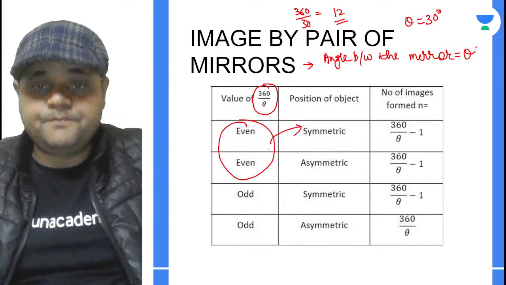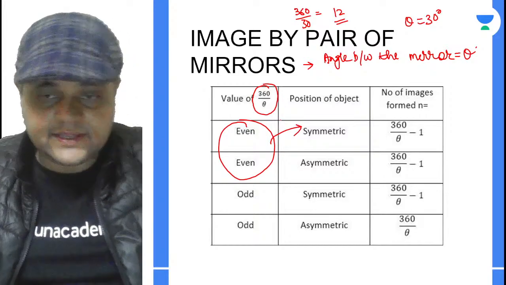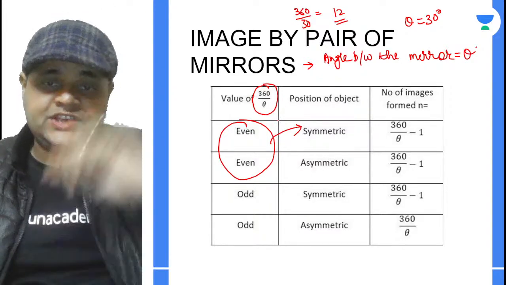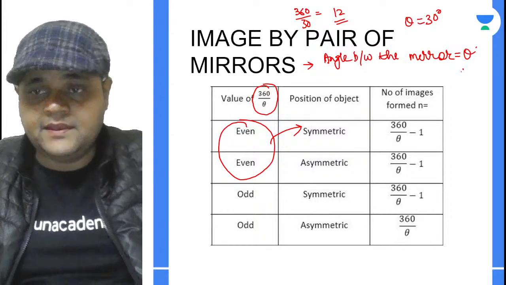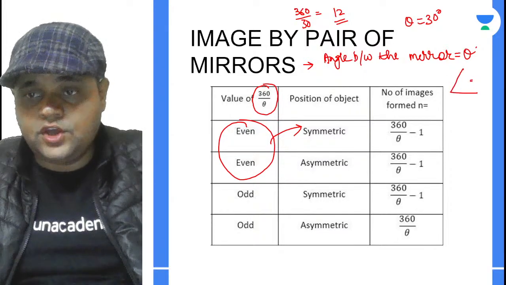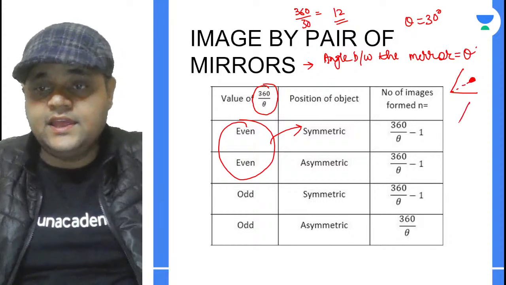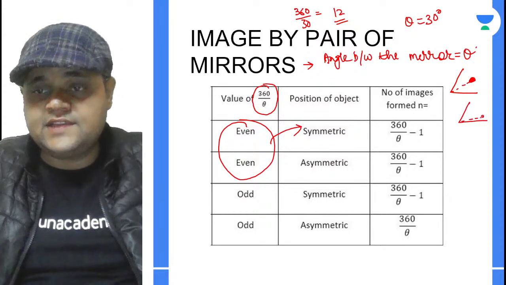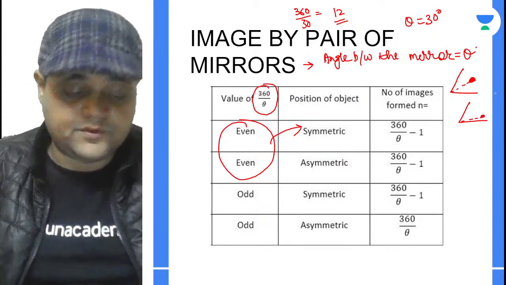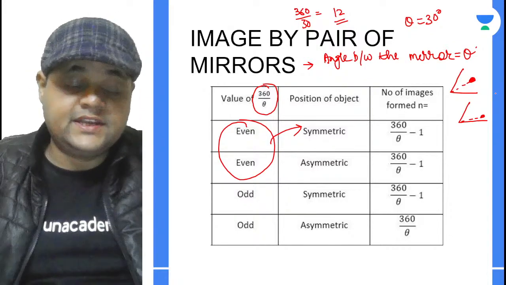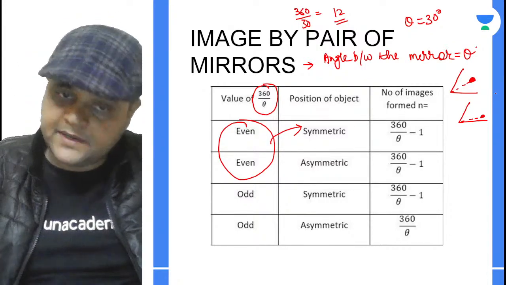Condition 1 says the object is symmetric, I mean symmetrically placed between the two mirrors. If these are two mirrors and the object is lying at the bisector, this is a symmetric position. If the object is lying off to one side, this is an asymmetric position. So you have to understand whether the object is at a symmetric or an asymmetric position.